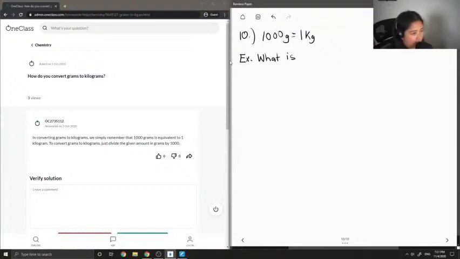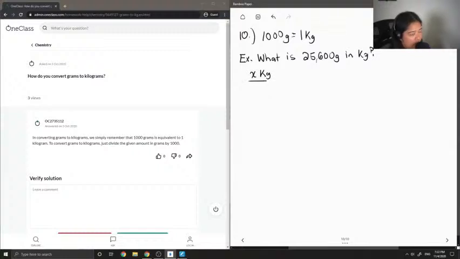What is, like, I'm just gonna make up a number. What is 25,600 grams in kilograms? Basically, I always like to write what I'm looking for at the top.